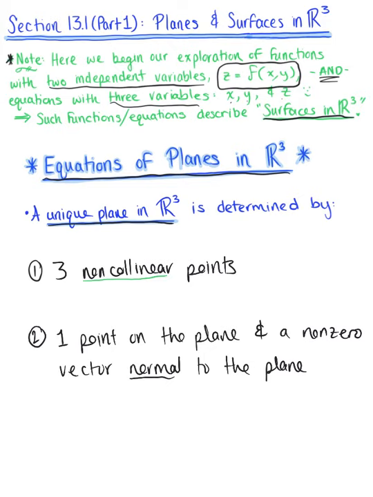Now this normal vector is important. I want you to make one little love note here that this non-zero normal vector is going to determine the orientation of our plane. So your normal vector, vector n, determines the plane's orientation. And we'll talk more about this shortly.